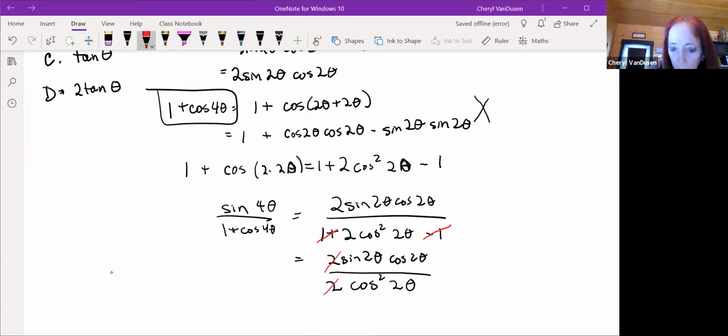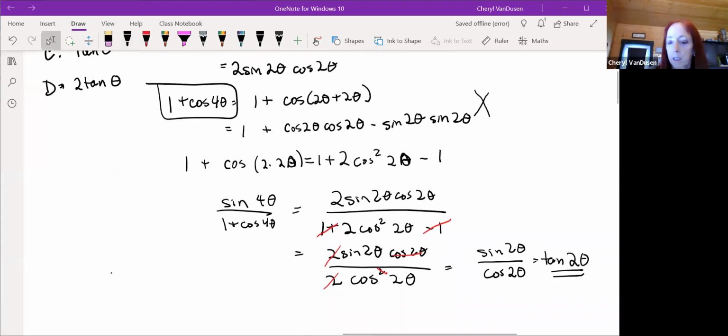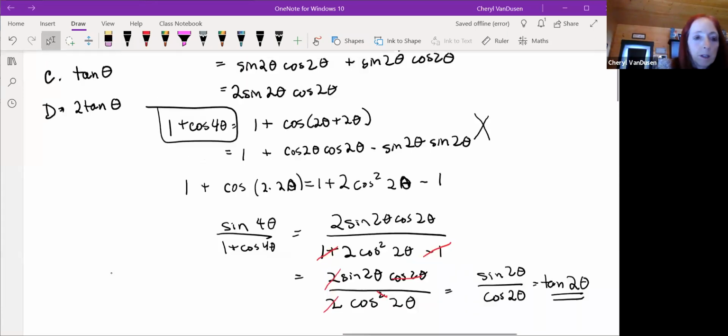And this squared cancels with that cosine. So then we end up getting sine of 2 theta over cosine of 2 theta. Sine over cosine is tangent. So then we can reduce it to that. And so the option is going to be B in the order that we have it, this guy here.